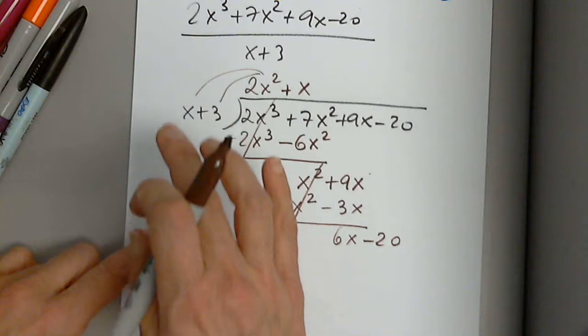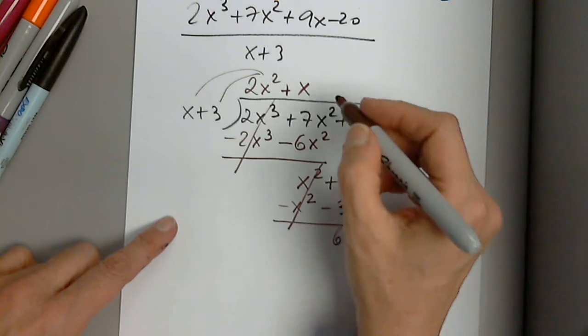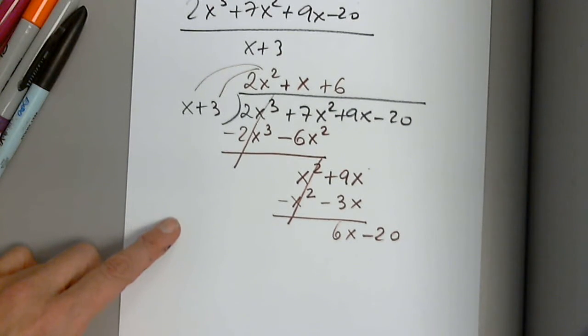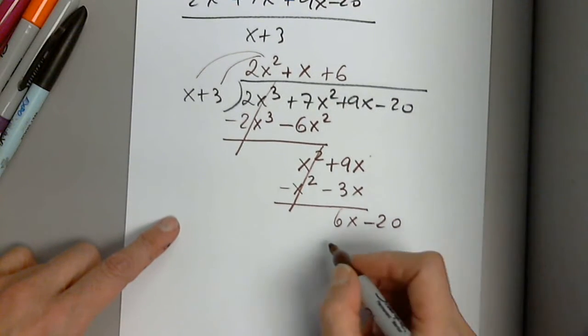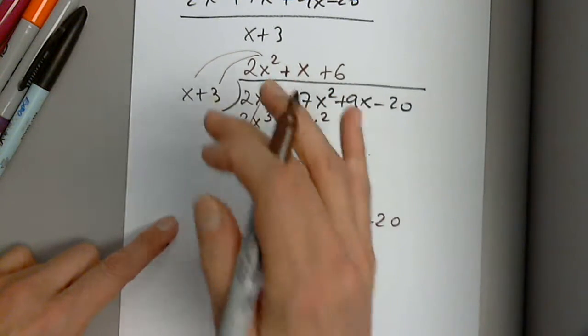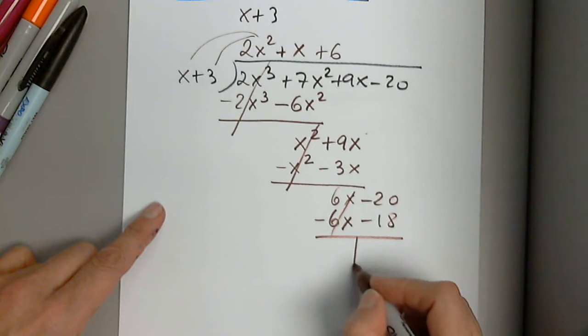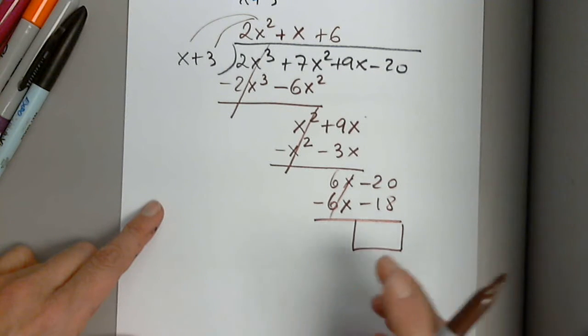Final question. X times what is 6x? Sign. Careful, we never lie at the top. So 6 times x. Subtract. 6 times 3 is negative 18. In the box, I will have how much? Nope, we perform the operation.